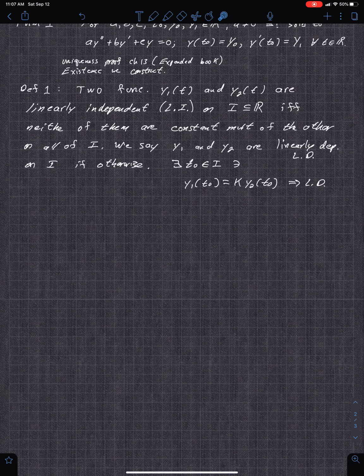All it takes is one value in that interval such that you can show a constant multiple. Okay, that's going to come in when we do some of our proofs shortly.